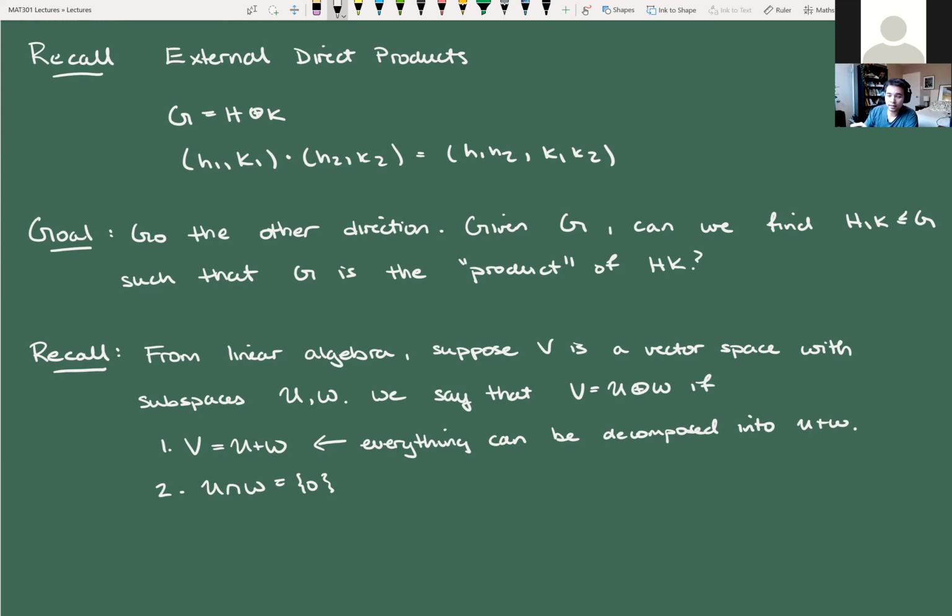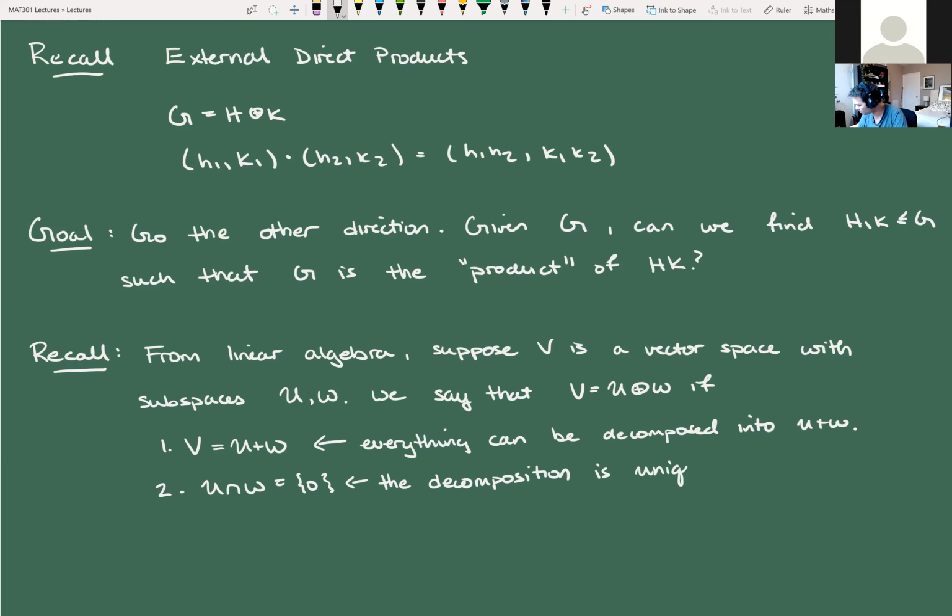And then the second thing guaranteed that the decomposition was unique. What I mean by that is if you took an arbitrary vector and wrote it as U plus W, there was only one way to do that because U intersected W trivially. And hopefully when you were doing examples of this, you saw cases where if U and W didn't intersect trivially, it was possible to write it in a couple of different ways, so that this was precisely the right condition.